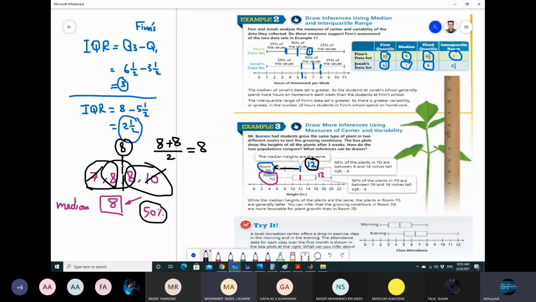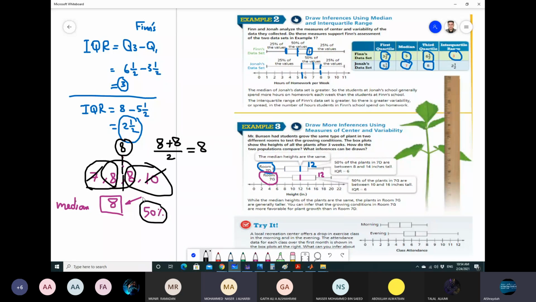So this point represents the point at which 50% of the data values are less than it. In the first data set, 50% of the plant heights are less than 12, and here we have 50% less than 12 also in this data set. This is what we mean by the median.